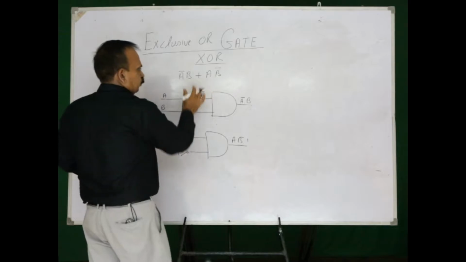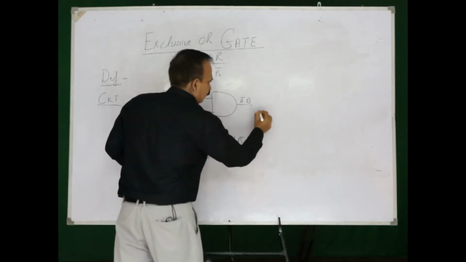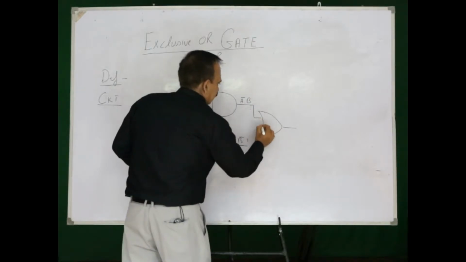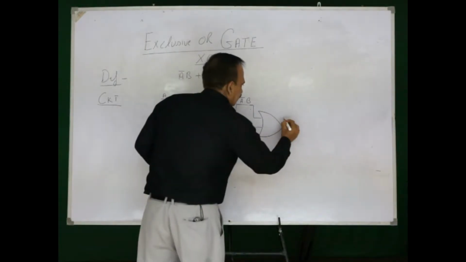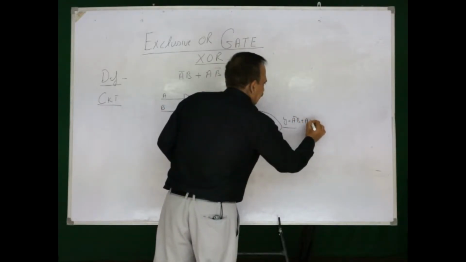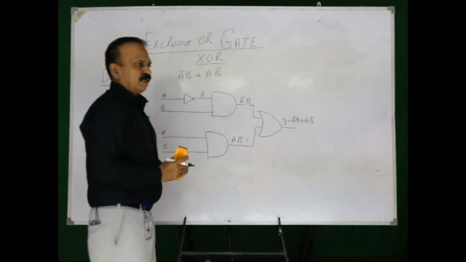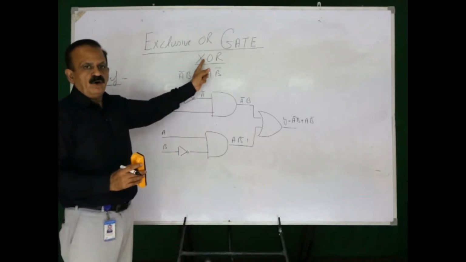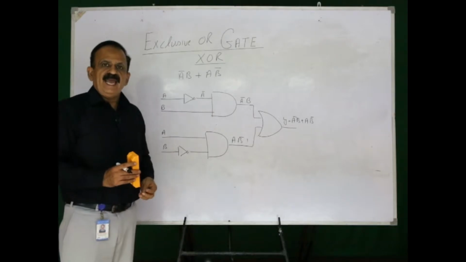The sum of the two, with the help of an OR gate, will be Y, that is A bar B plus A B bar. Now, this is the circuit diagram of the exclusive OR gate or XOR gate.